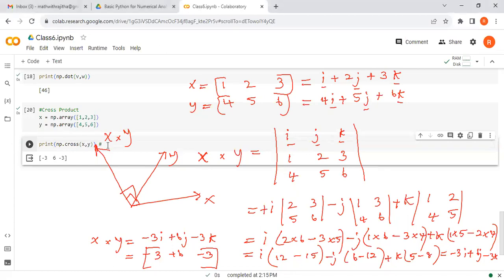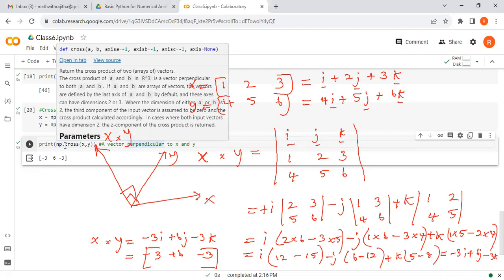Let me write here: we are getting a vector perpendicular to x and y. That's how we get the cross product.